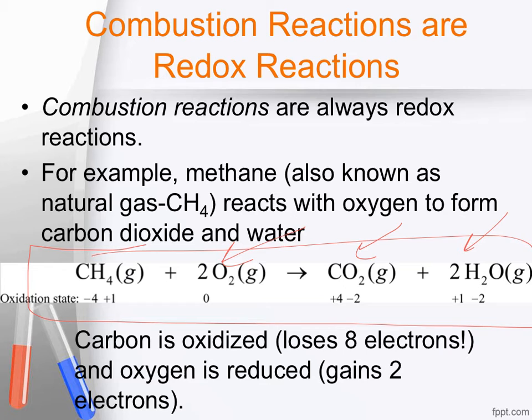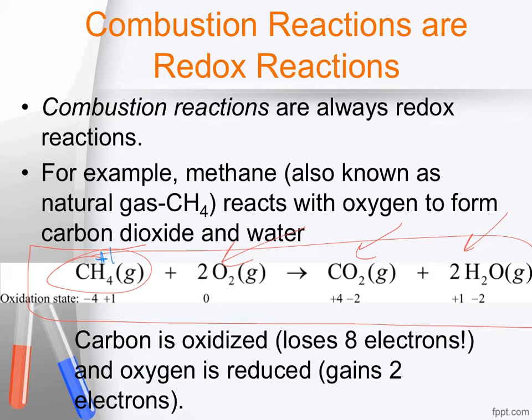But let's go ahead and go through the process of assigning oxidation numbers. Let's say you weren't sure it was a redox reaction. If you're not sure, you have to assign oxidation numbers and see if any of the oxidation numbers have changed. All right, so we're going to start with methane, CH4, and hydrogen has an oxidation number of +1 always for our purposes.